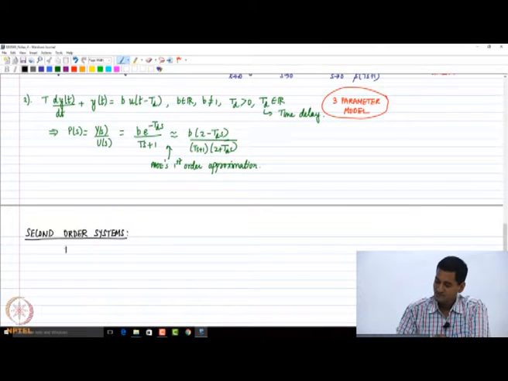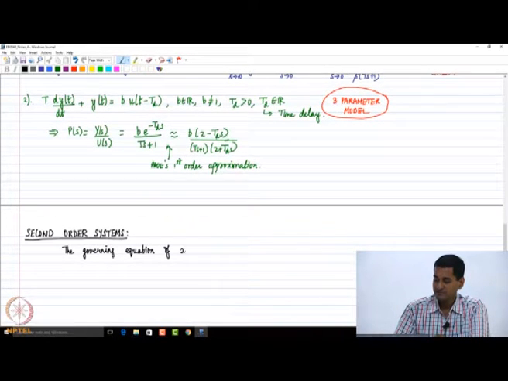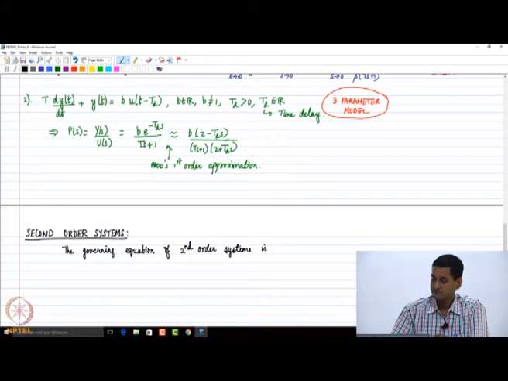So the governing equation of second order systems is typically taken as the following. What is that?